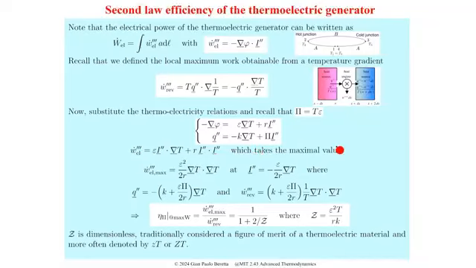So you maximize this by taking the derivative with respect to the current density and setting it to 0, substitute, and you get the expression for the maximum power density. And this is the maximum that you should get.